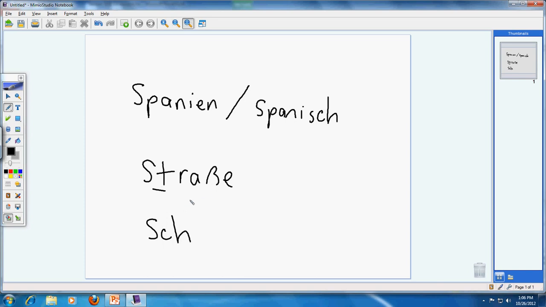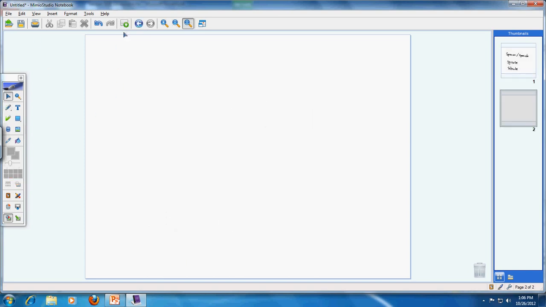And then as we learned in the language Spanish, an S and a CH together are going to have that sh sound. Just like the word Schule. Schule. Die Schule, the school. Excellent. Schule. Wunderbar.